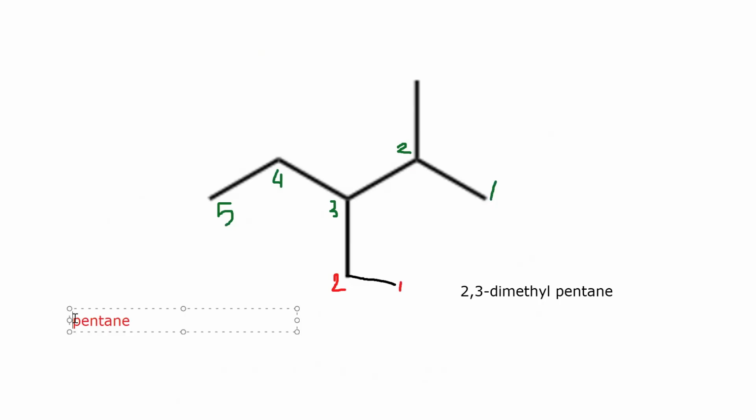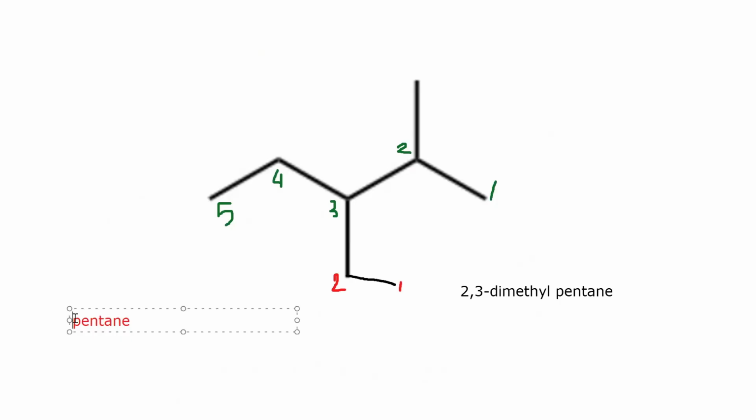In this case, how can we put them? Do we name it 2-methyl 3-ethyl pentane? What do you think? Is that correct? Awesome. This is not correct. Why? Because when we have different groups, we have to alphabetize.